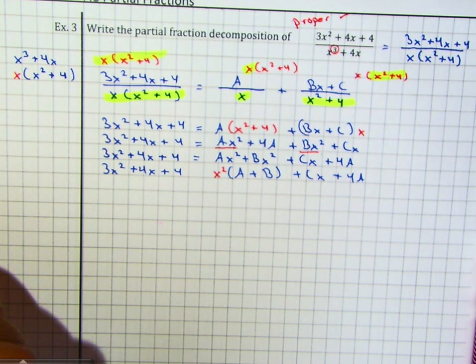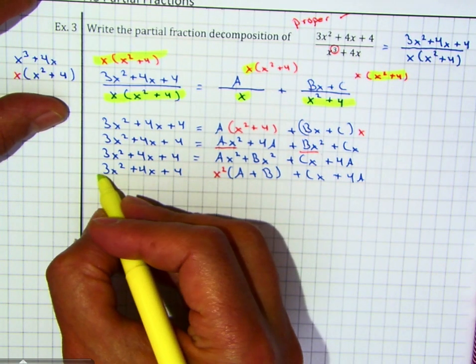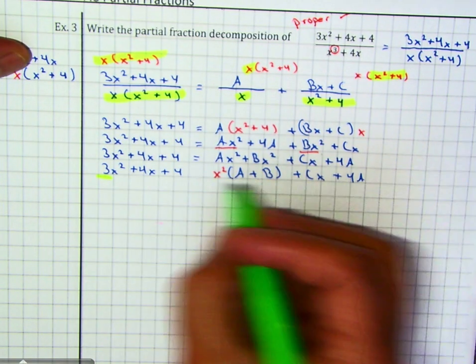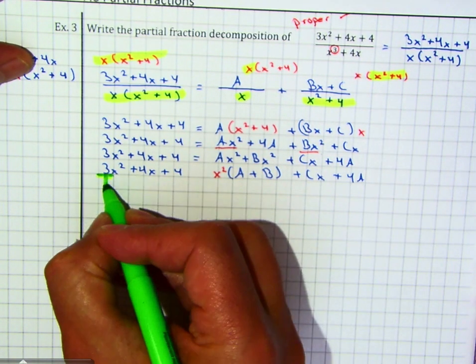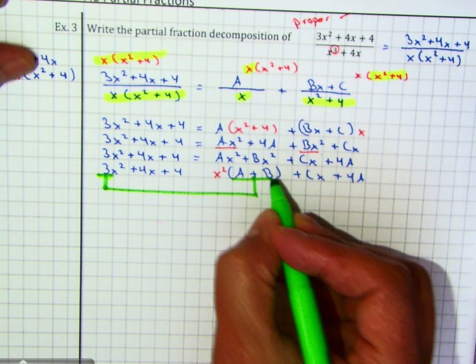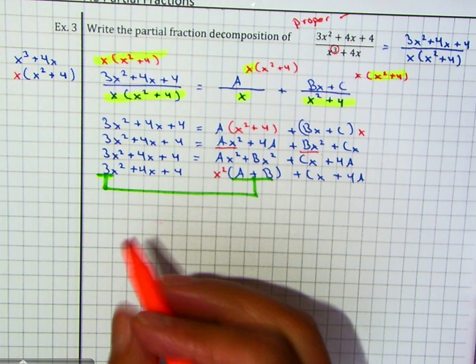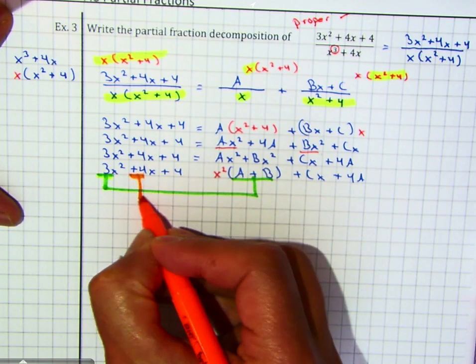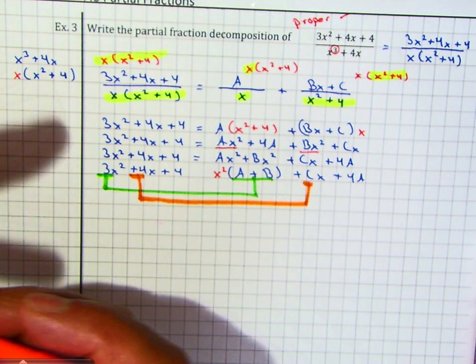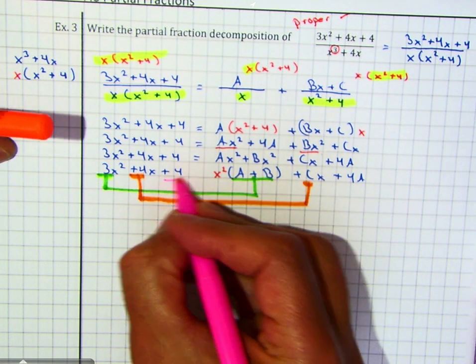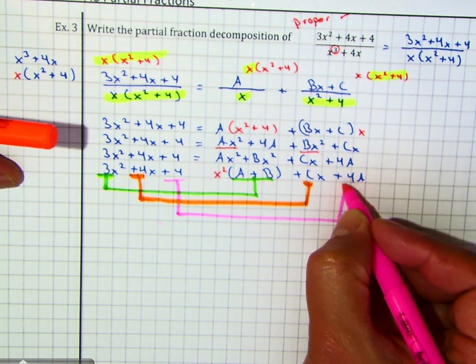And according to this, if those two expressions are the same, my 3 should be equal to a plus b. My 4 should be equal to c. And last but not least, my other 4 should be equal to 4a.